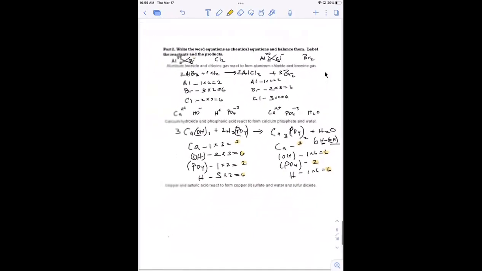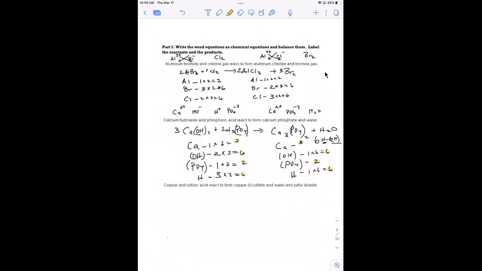So sometimes when you have polyatomics like phosphate or nitrate, it's easier sometimes to keep those together than to break them apart into their atoms. If we had broken this apart into all the atoms that are present, we'd still be balancing, right?